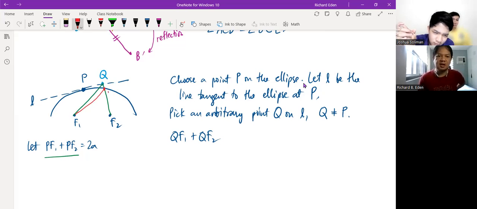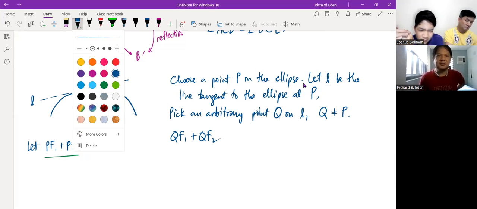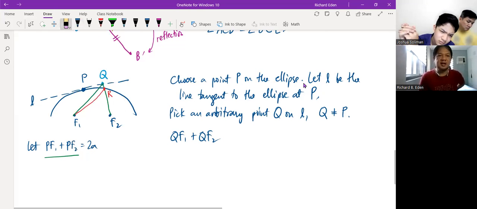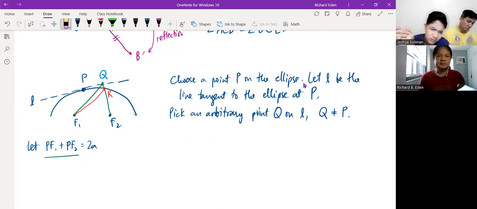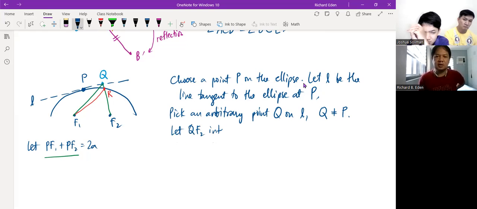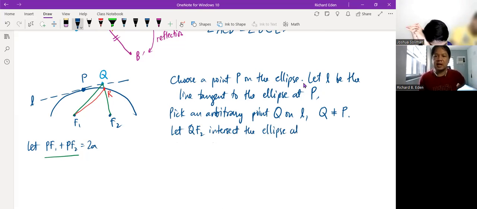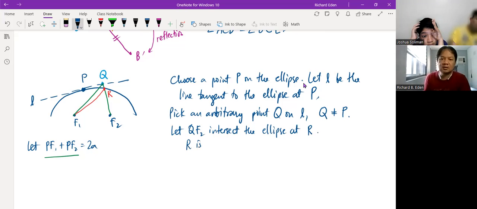But we could articulate that as follows. Let's define point R. Let QF2 intersect the ellipse at point R. R is on the ellipse.